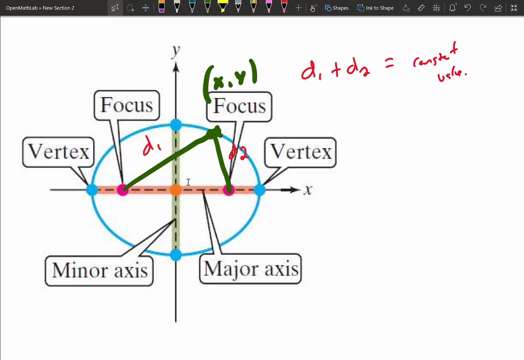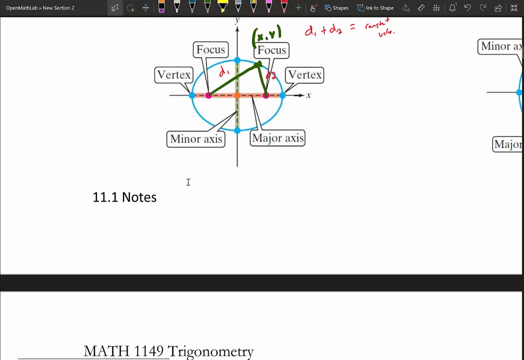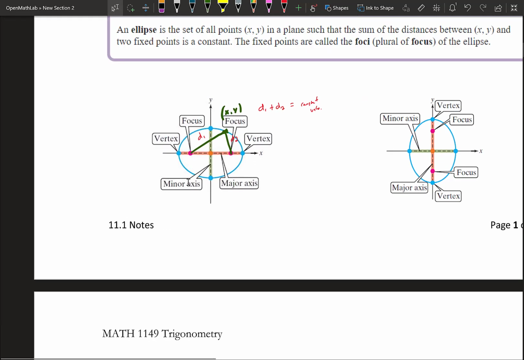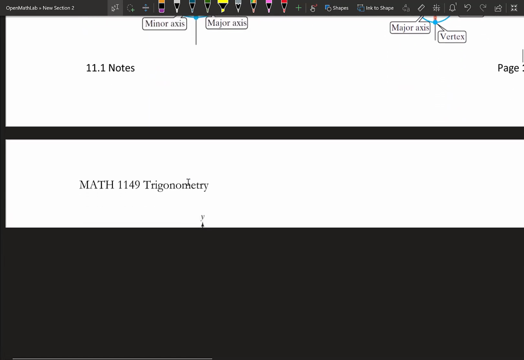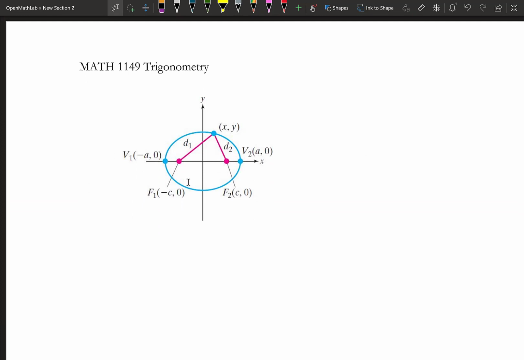I decided not to do that proof formally, just for time's sake. I don't know that it's super important since this class isn't a proof-based course. You can see on page 2 the diagram to start that process, to be able to derive the formula of an ellipse and where that comes from.